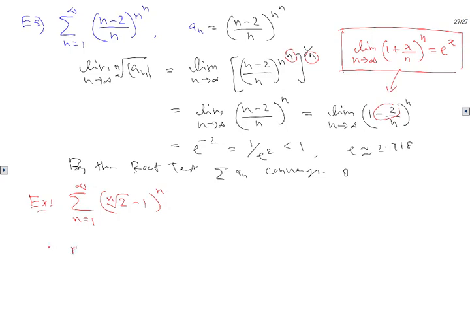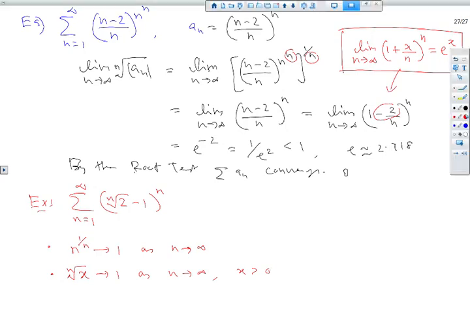We know that the nth root of n goes to 1 as n goes to infinity, and also for any number x, the nth root of x goes to 1 as n goes to infinity, but here we assume that x is positive, so you might need one of those results here. Okay, so that is the end of the root and the ratio test.